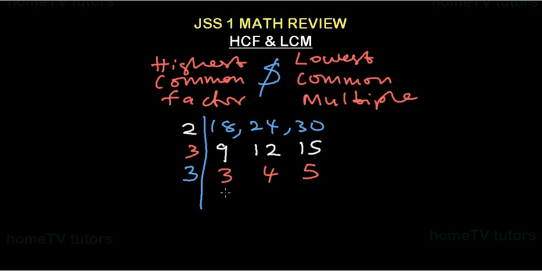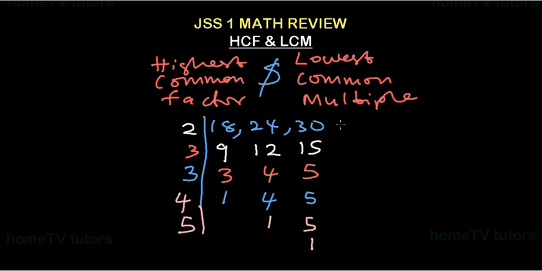So 3 in 3 is 1. You write down the other two numbers, 4 and 5. Then we go for the next number, which is 4. 4 in 4 is 1. Then you bring down 5. Then we divide lastly by the remaining factor of 5, which gives us 1.